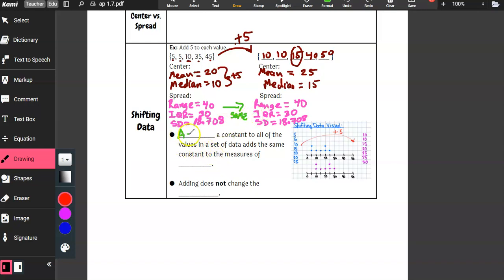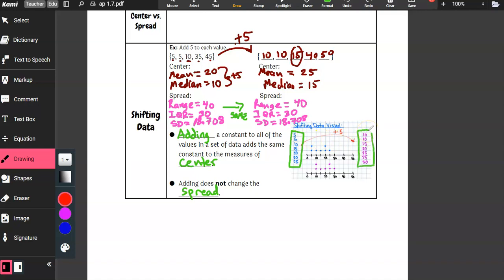So for our guided notes, we see that adding a constant to all of the values in a set of data adds the same constant to the measure of center. Adding does not change the spread. Okay, so this is very important. And here you can see if you want to visualize shifting data, here's the original set.